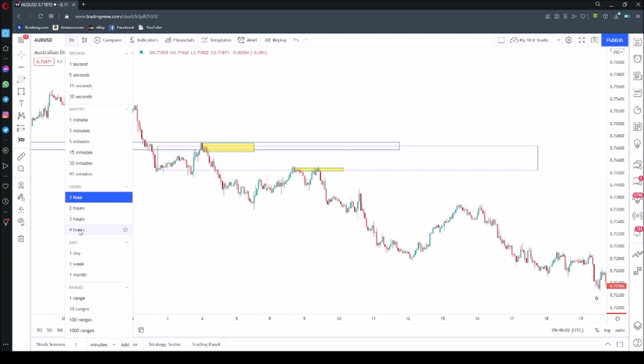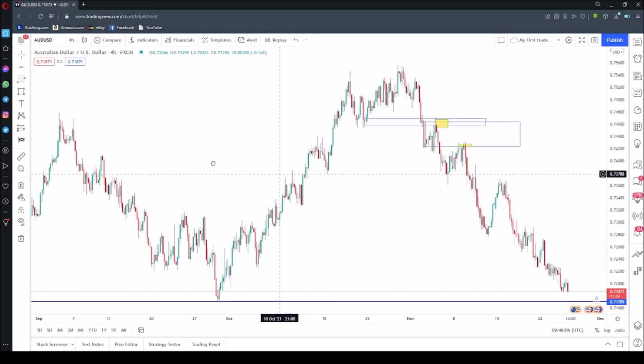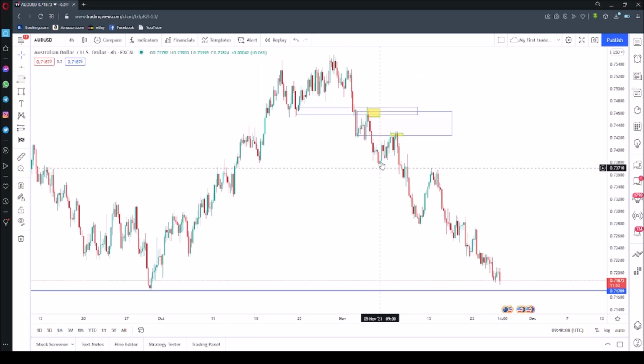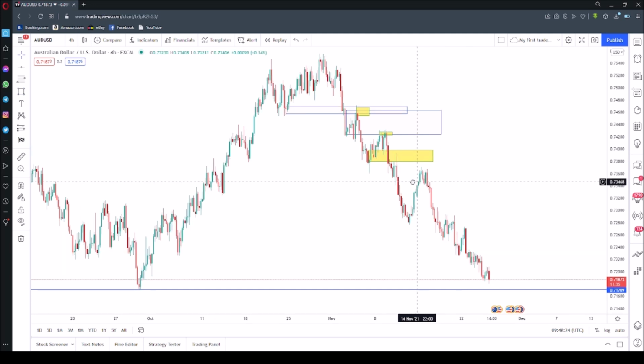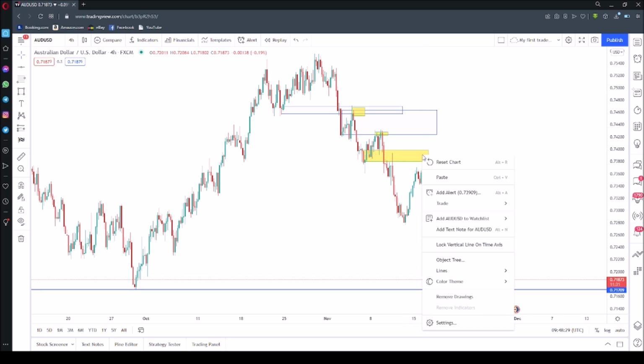Then if we go back to the H4 time frame, we can see that we had this order block. It was the last red candle within this drop. Retest of that order block. Another, let me draw all the order blocks that we can see.